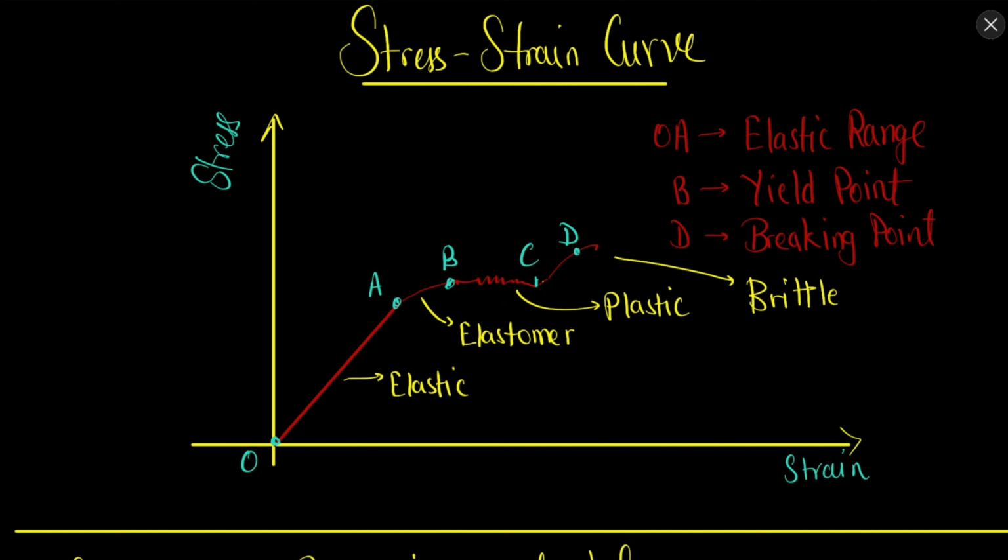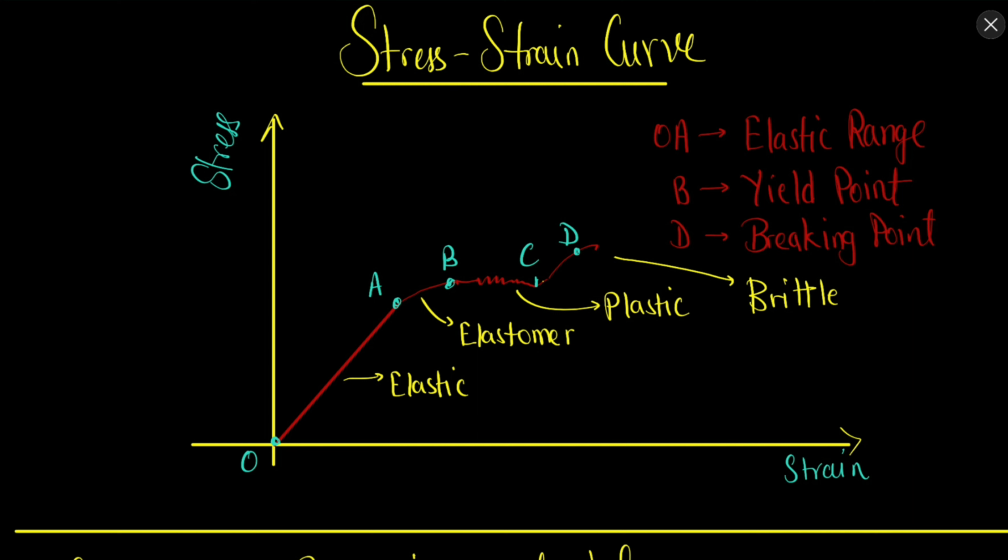And if you apply some more force, then ultimately at, let's say, point D, the solid will break. If we have more stress, more force on the object, it will break down, it will become brittle. Any material can have all these properties, but it is about the force that we are applying.